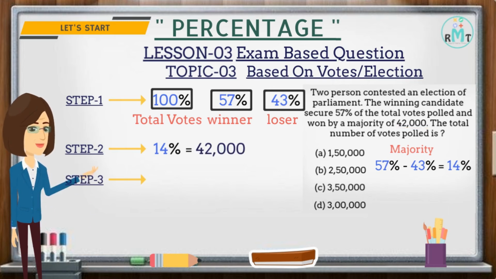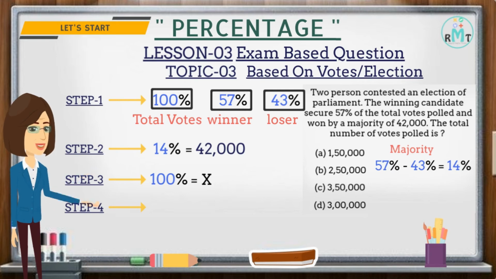Step 3. Next our target is to find the total number of votes polled. And in step 1, we assumed the total number of votes equal to 100%. So we write 100% equal to X. Step 4.